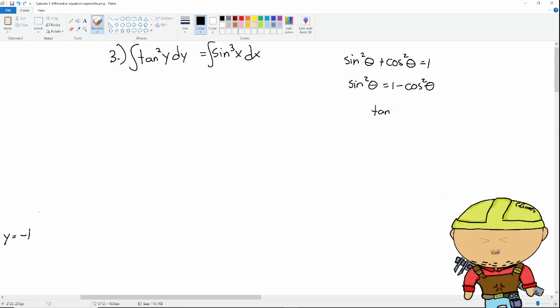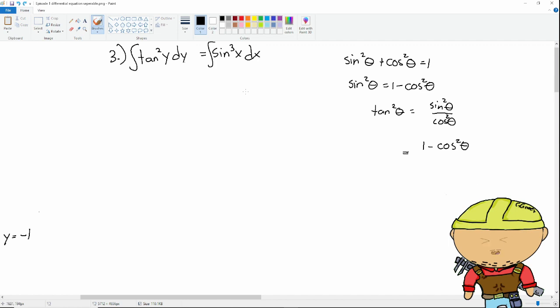Then tangent theta is equal to sine theta over cosine theta. Since it is squared, sine square theta over cosine square theta, the top will be equal to 1 minus cosine square theta. We simply substitute that at the top.